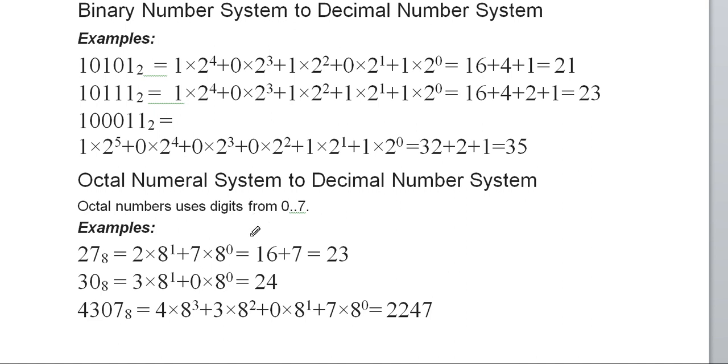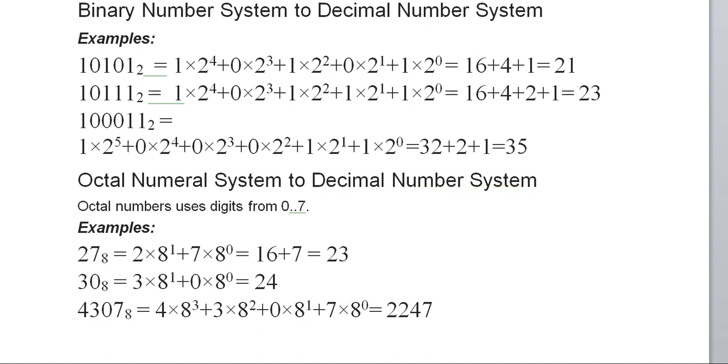In the similar manner, in this case, we apply a repeated multiplication process in each step, and finally we get our result, the equivalent decimal number. So this is a common process that we apply to convert any number system, binary, octal or hexadecimal, to the decimal number system.